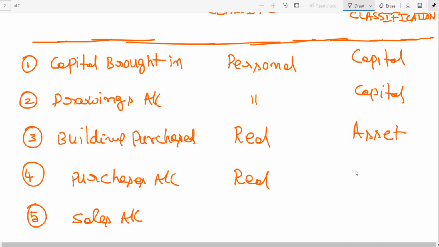Here purchases is an expense. Sales, real. Income. Income is nothing but, we are using the term for income, revenue, no?